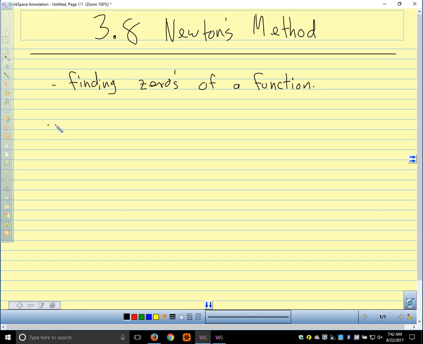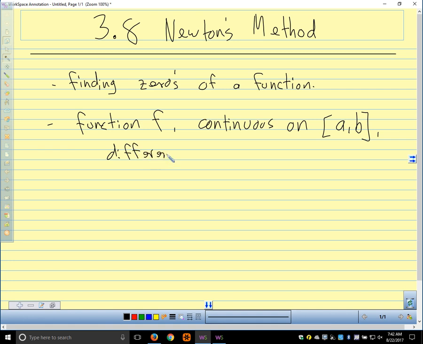All right, so our preliminaries. We have a function f, and it's continuous. It's a nice function. And we have some interval. It's continuous on this interval, and we know it's differentiable. We can take derivatives on the open interval.